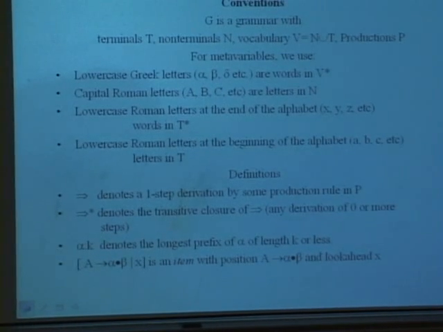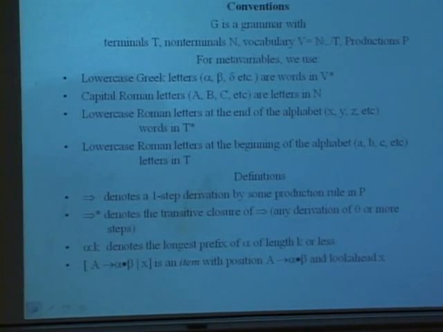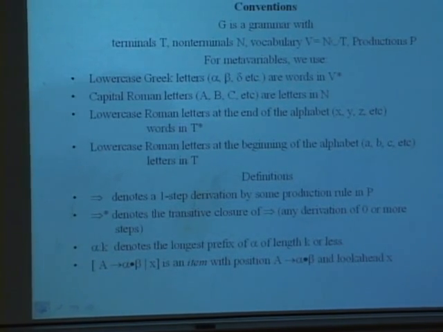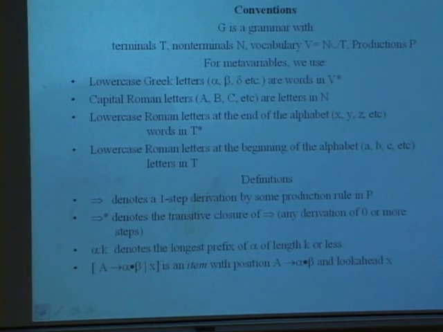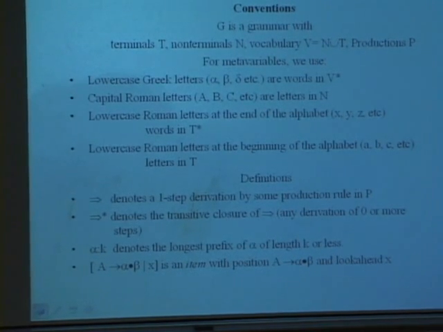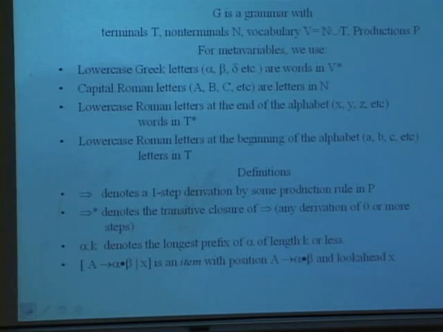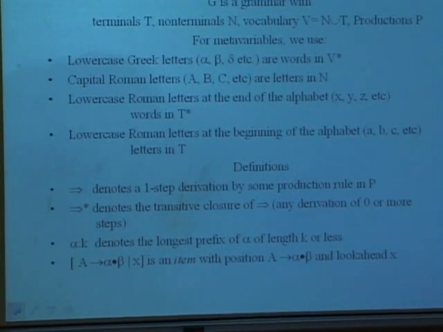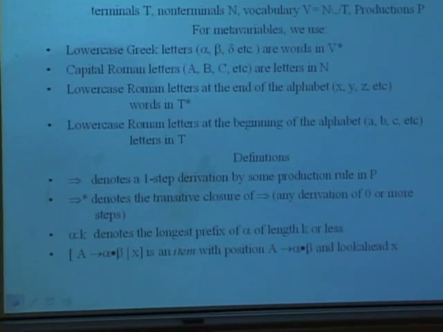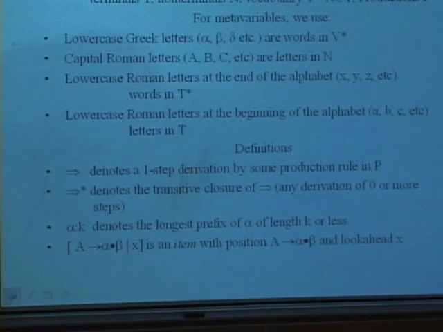And lowercase Roman are just terminal letters. And of course, the double arrow star gives you the derivation. And k, alpha colon k is the longest prefix of alpha, which is a word in V star, of length k or less.